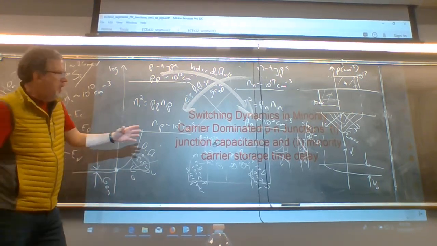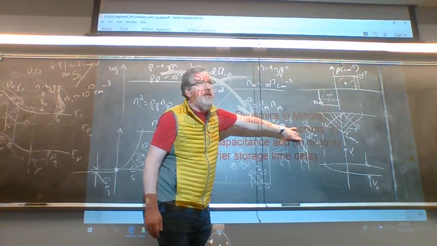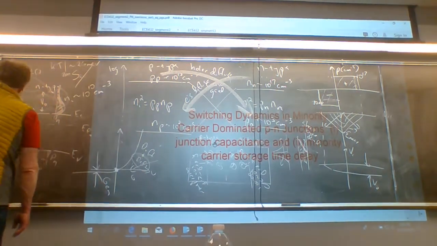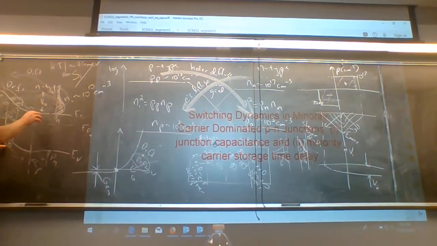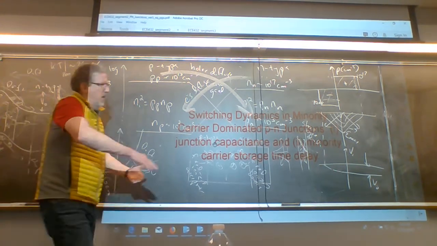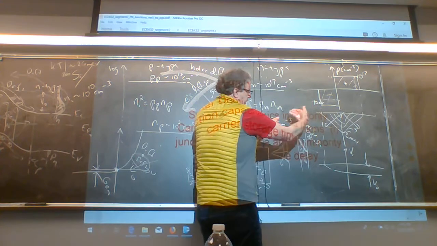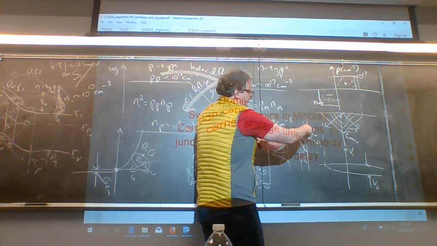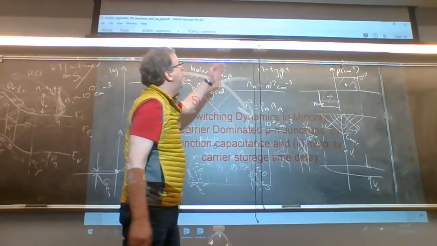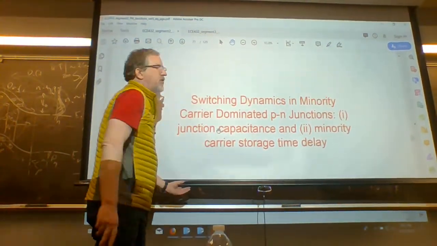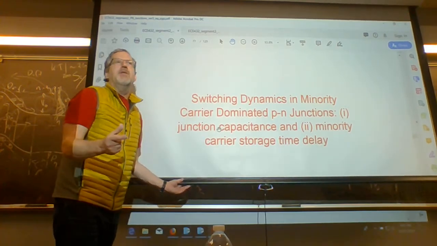It's the excess charge that is the PNPs and the NPs and the PNs that were accumulated under forward bias, reverse bias, forward bias, reverse bias, right? So the add and subtracting that. So, switching dynamics, you're basically just looking for a capacitor.